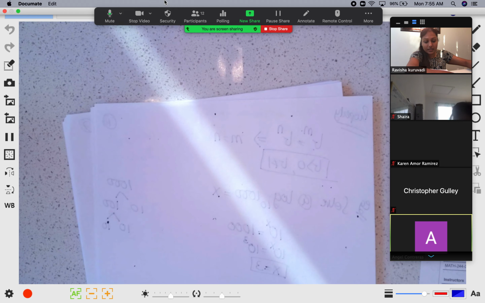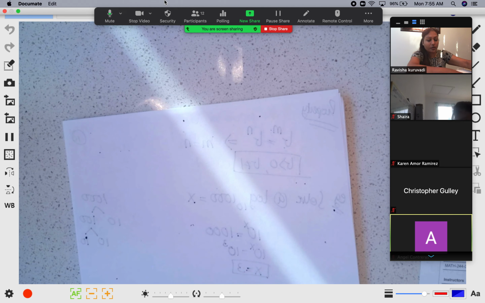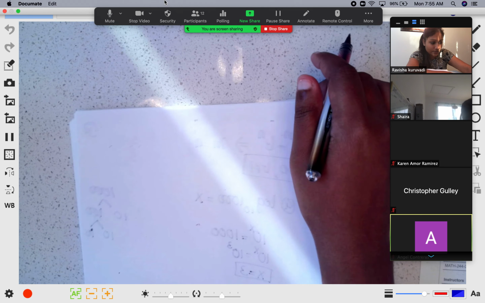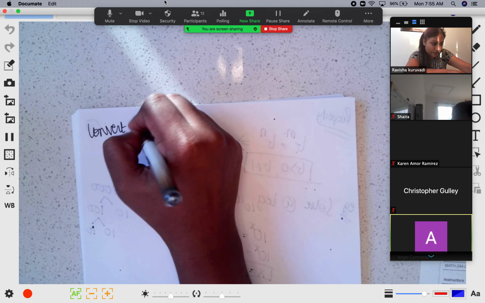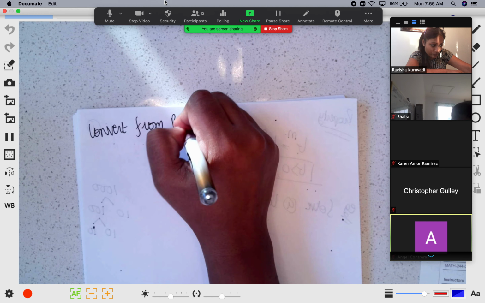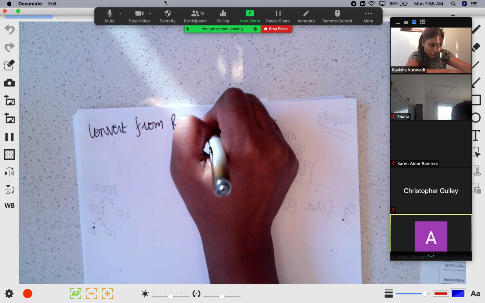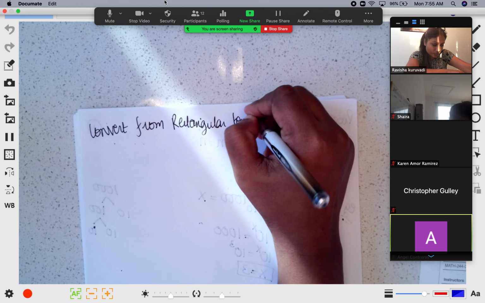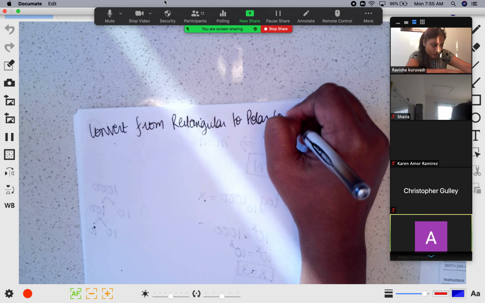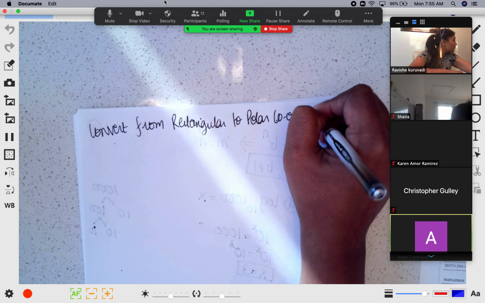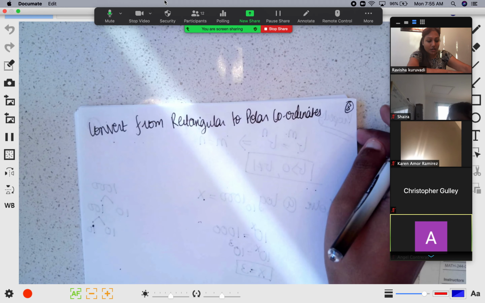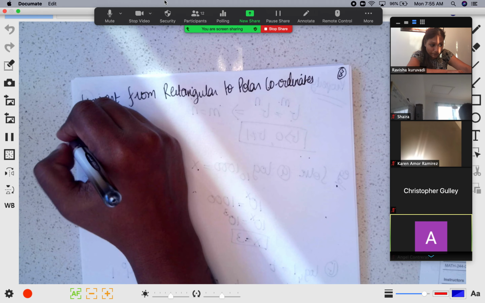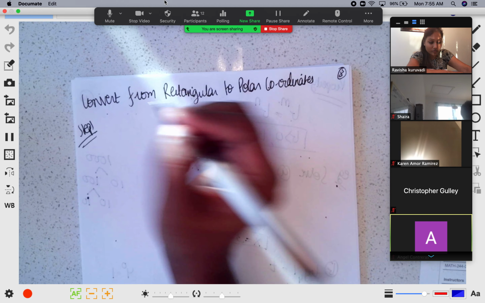So next thing is we are learning how to convert from rectangular to polar coordinates. How do you do it? Step 1.